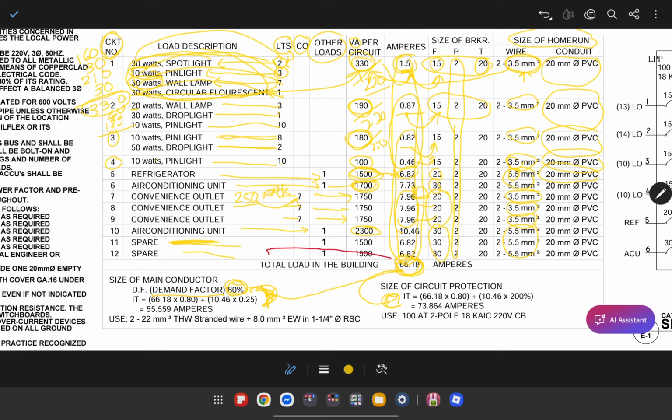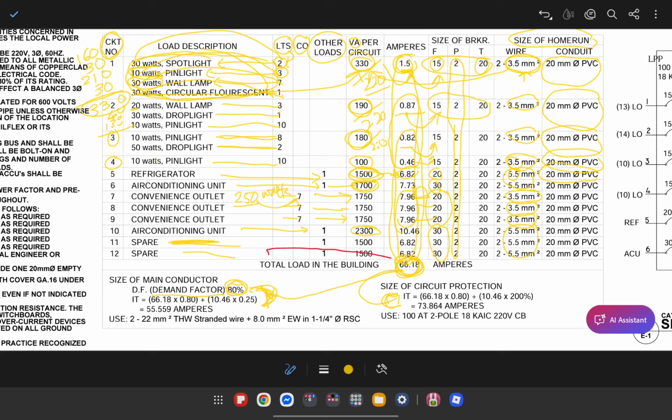It means he does not compute for the whole 66.18 amperes of load, because it would be impractical to provide for that amount of load. Like I told you a while ago, the higher the load that we compute for, the bigger the capacity of the circuit breaker needed. And when that happens, the price of the circuit breaker also goes up.